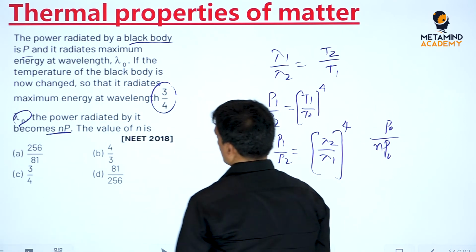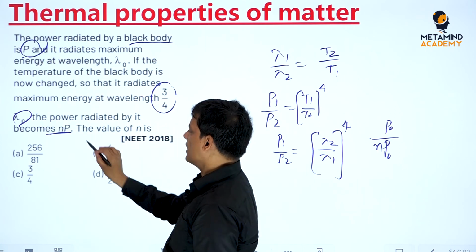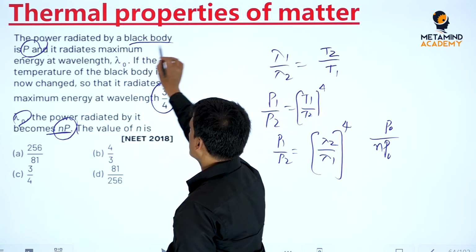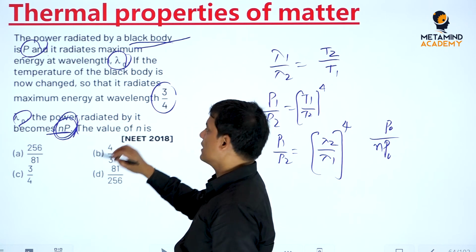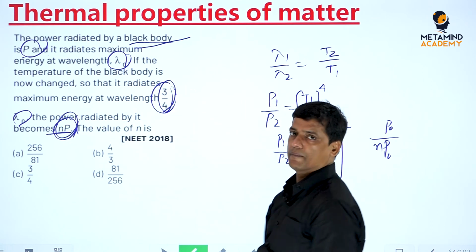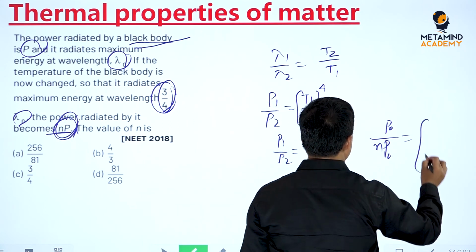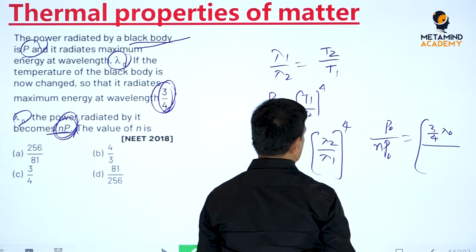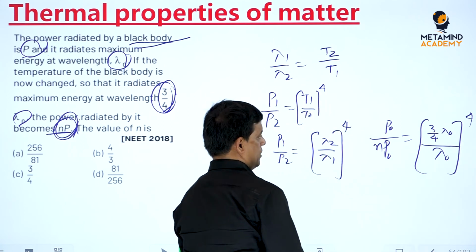So you see, in case 1 you have got P power radiated, in another case you have n times P power radiated. When P power is being radiated, you have a wavelength lambda 0. When n times P power is radiated, your wavelength is 3 by 4 of lambda 0. Right? So you write lambda 2 is 3 by 4 times lambda 0 by lambda 1 is lambda 0, the whole raised to 4.